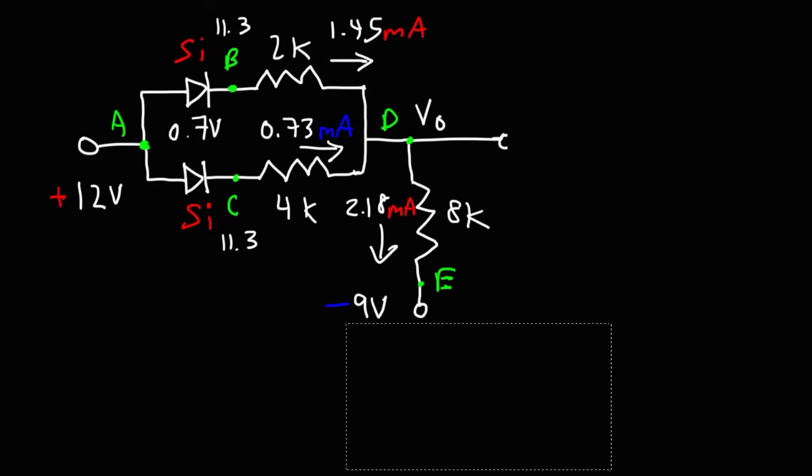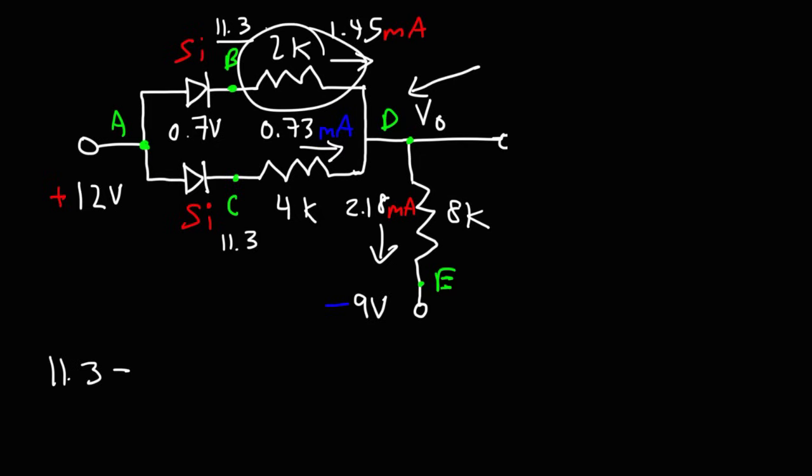Now, if you want to check your work, here's what you can do. Let's calculate the potential at point D two ways to make sure our work is correct. So let's start with the potential at point B, which is 11.3, and let's subtract the voltage drop of that resistor, which is the resistance of 2 kilo ohms times the current of 1.45 milliamps.